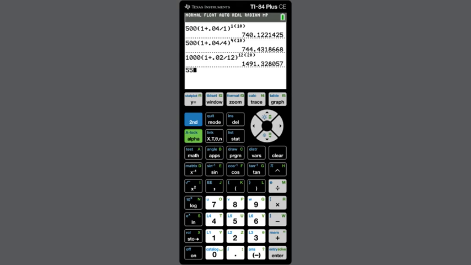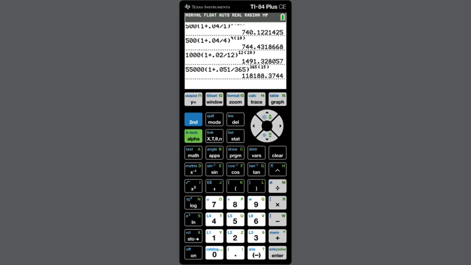So we had 55,000 times 1 plus 0.051 divided by 365 to the power 365 times 15. It says to the nearest dollar, so no change, no decimal, nearest whole number. So that 0.3 means just cut off the decimal and use the number as it is.